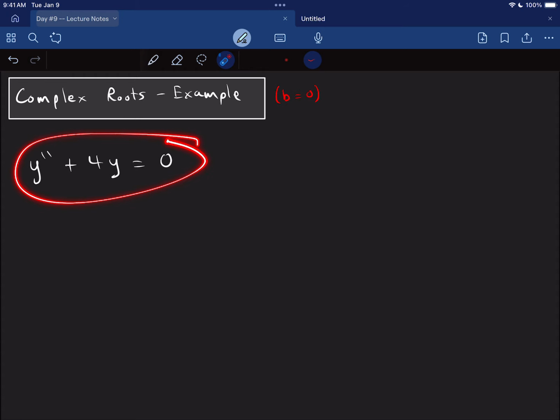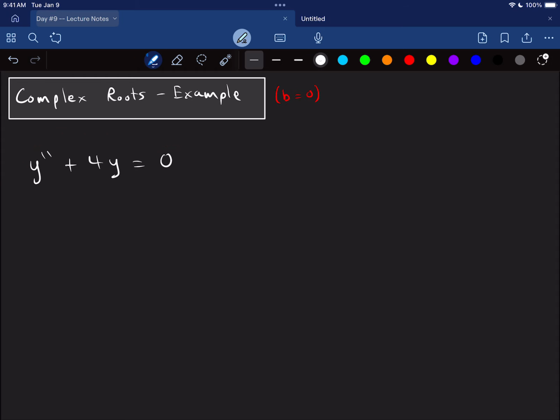Interestingly enough, we have solved this today. We did this in power series, and we're going to do it again right here. I do the same thing that we always do. I go r squared plus, it's not 4r, it's just 4. There's no y prime, so there's no r term in there. Don't overthink this.